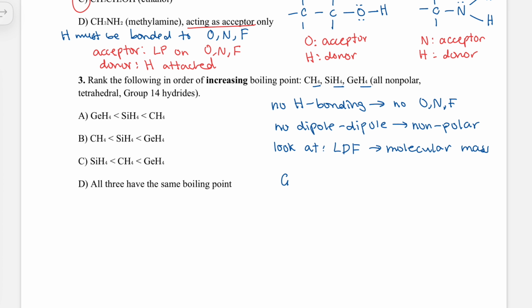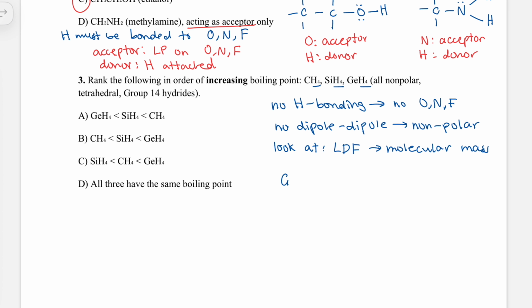This is 32. This is number 14, and then carbon is 6. And then as we move down, because it gets lighter, it will have a lower boiling point because they have not as strong London dispersion forces. So the answer is B.